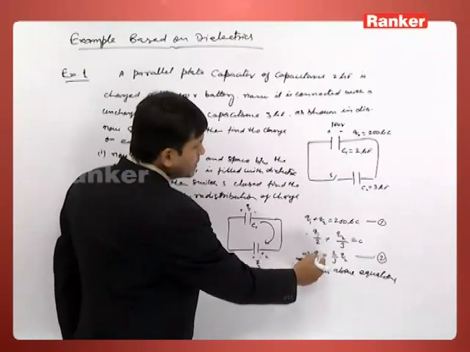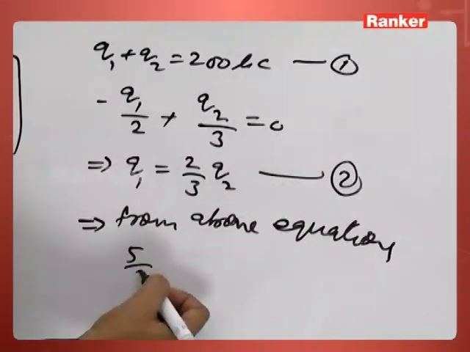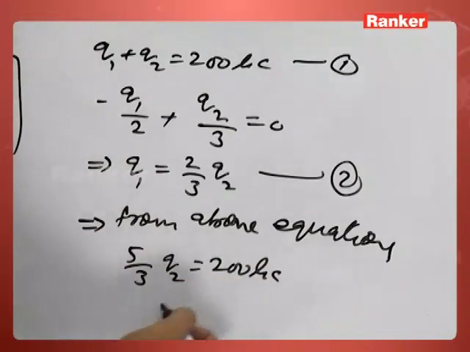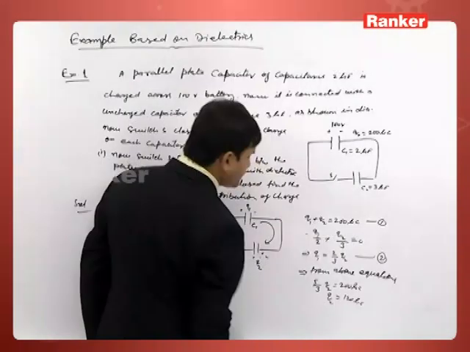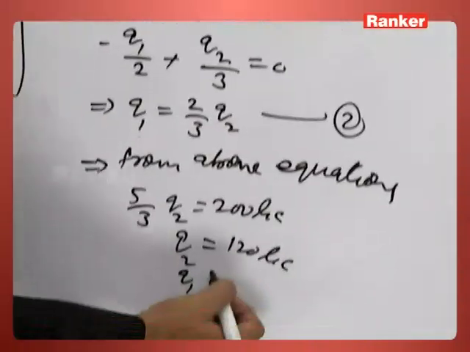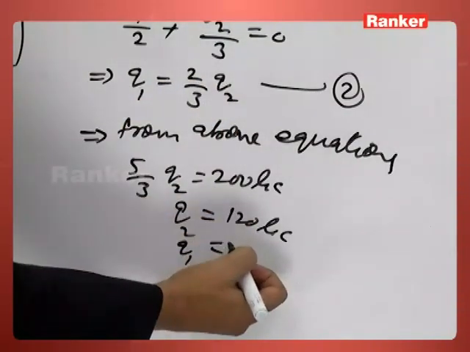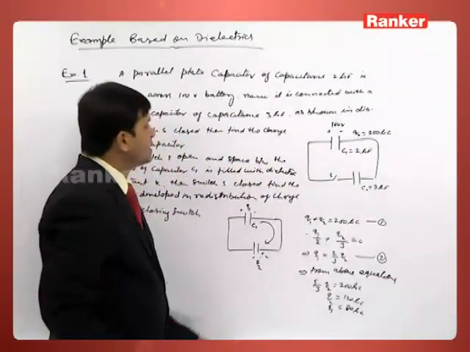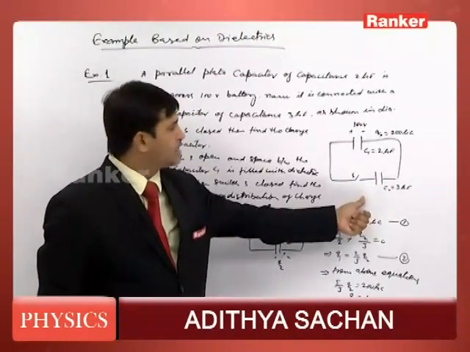Substitute the value of Q1, 2 by 3 Q2, here. So you will get 5 by 3 Q2 equal to 200 microcoulomb. So Q2 is 120 microcoulomb, and if Q2 is 120 you can put it here, so Q1 is 80 microcoulomb. So this is the charge after closing the switch S.